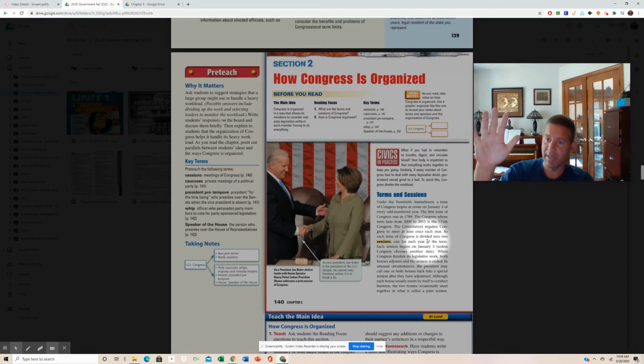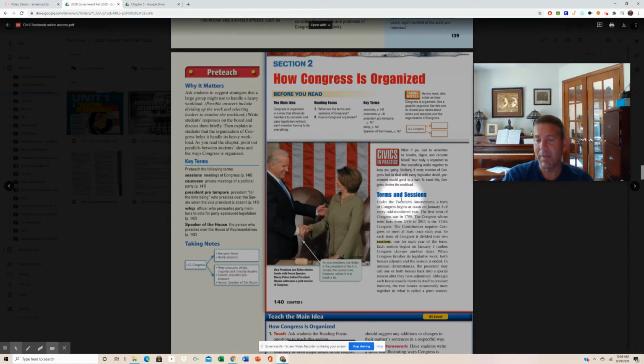So if I won in November 2022, I would become a congressman and actually get to vote and introduce bills on January 3rd of that next year, so 2 months later. That was all determined by the 20th Amendment to the US Constitution, if you remember our amendments.